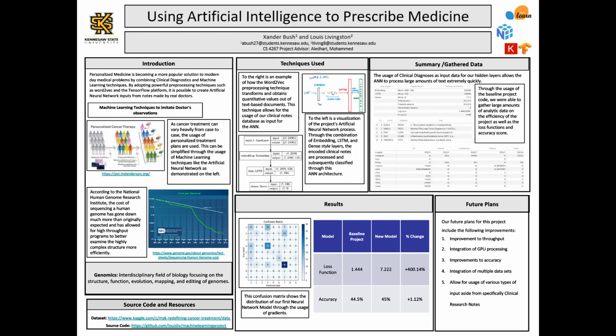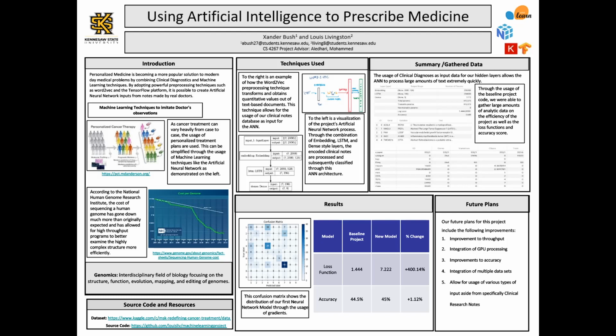This can hopefully be remedied with different techniques and breakthroughs in machine learning techniques, as well as possibly integration of GPU processing, because the GPU is a lot more suited towards the linear algebra-based calculations that neural networks have to perform. That would hopefully improve the accuracy, because accuracy at 45% for classifying patients based off their symptoms is not very good. Having a majority chance of being incorrect is not something that would be accepted in the medical field.